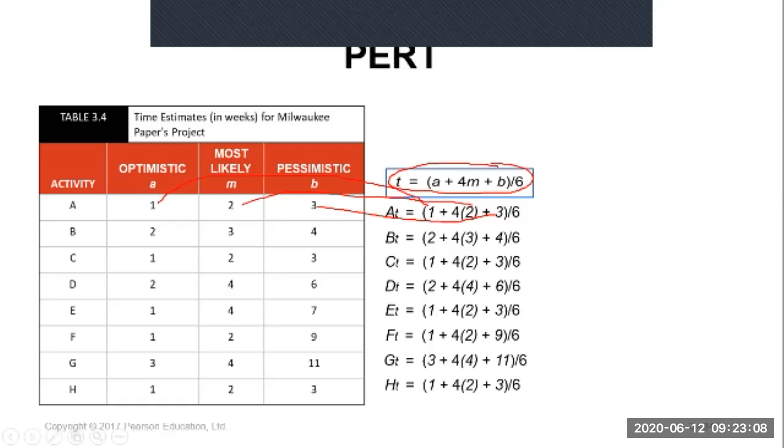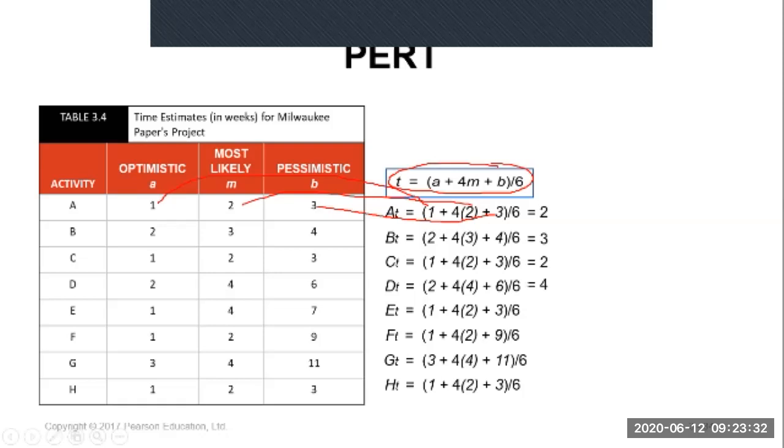Okay, calculate. All right, the estimated time for A is 2, for B is 3. I hope you get the same times.